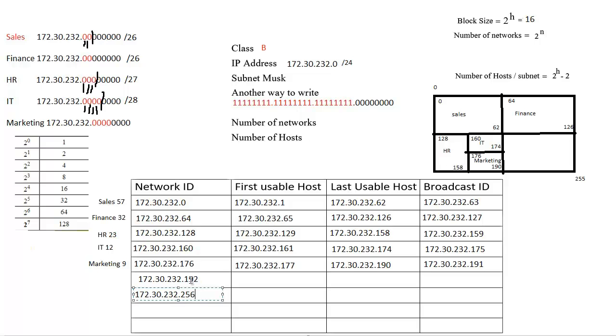So the broadcast ID for this network is 255, and this CIDR is 26, same as the sales department CIDR. And we actually do not need this one, because here the 256 ID is finished. So actually there is no 256 network.